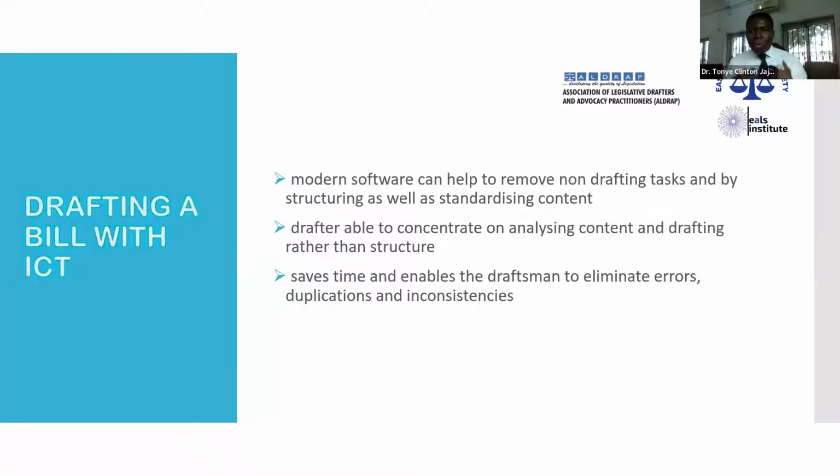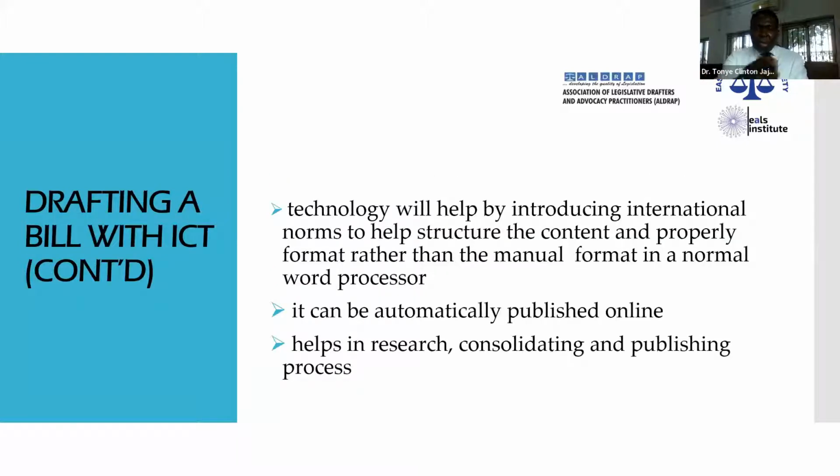So you cannot accuse Dr. Jaja of tribalism, that I have favored people from my area. That is why the use of ICT makes drafting better. So these are just the benefits. These slides, I will share them with those of you if you send your email.